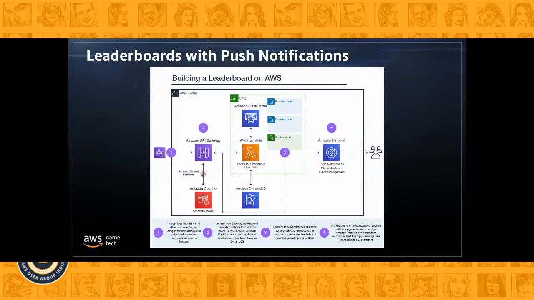It talks to Lambdas to see, okay, what is their score? Their score has gone down, or their score has gone up, or someone else's score is now higher. So it goes and ranks the players based on that information. It pulls all the leaderboard data and puts it onto ElastiCache, and pulls it from DynamoDB as well.